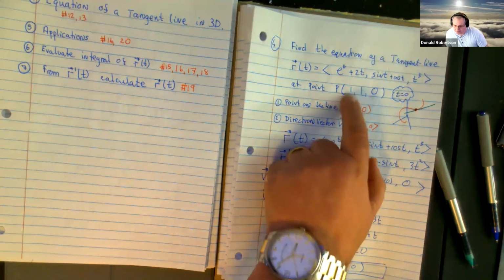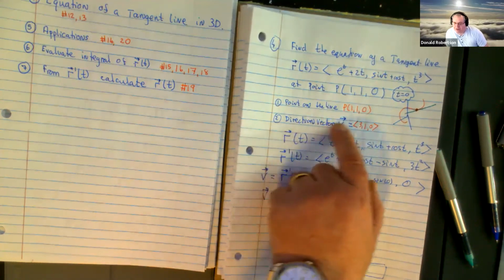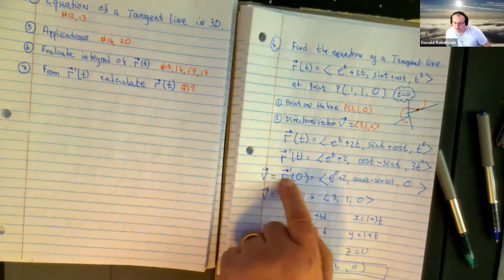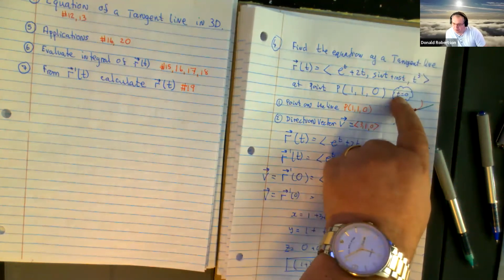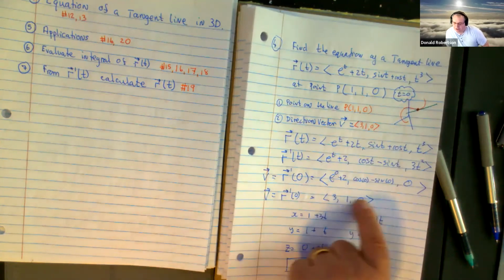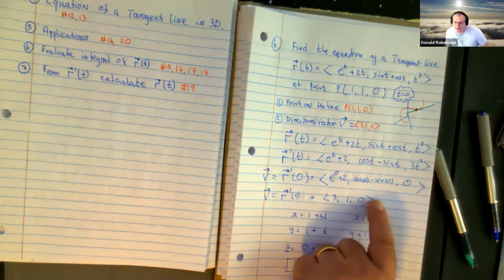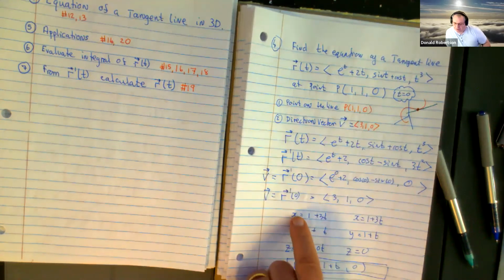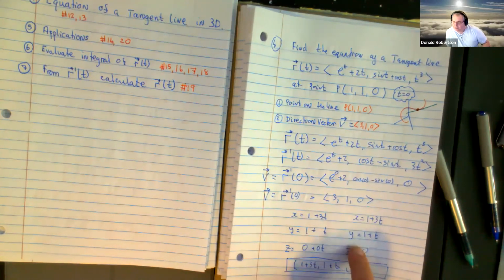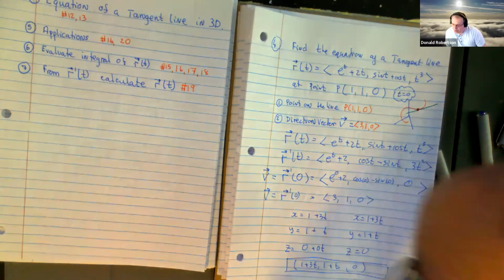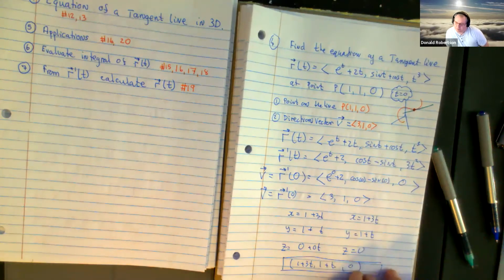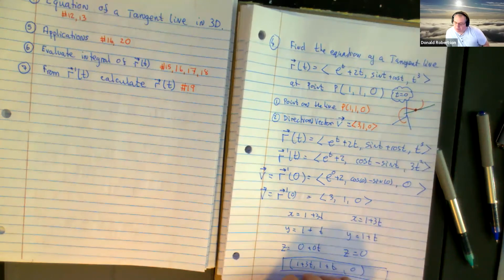To get the direction vector, you differentiate and evaluate the derivative at whatever the t value of the point is. And now you've got the direction vector and you've got the point. Can't you just use your little formula for equations of lines where you know the point and you know the direction vector? Are we good?